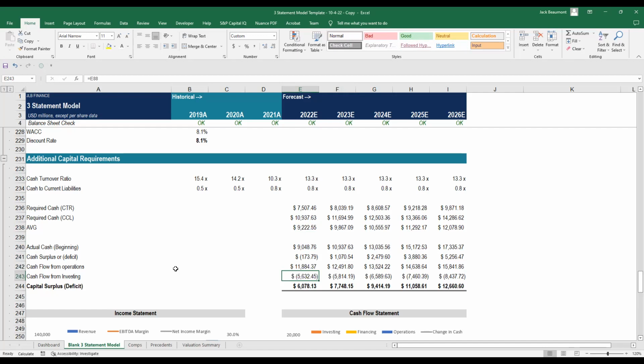Investing, that's your capital expenditures, etc. And then at the end, we're going to get either a surplus or deficit. If we have a deficit, that means we're going to have to increase something in our financing section. We're either going to have to issue more debt or more equity to be able to fund our growth or our expenditures.